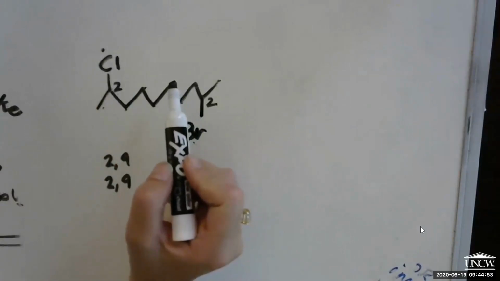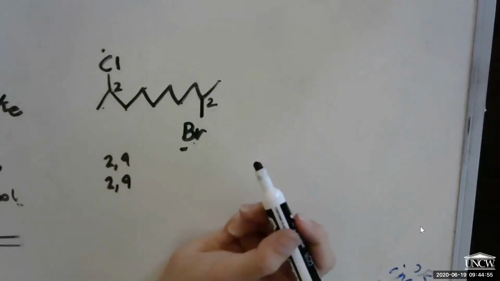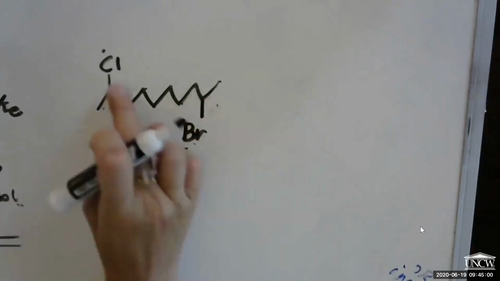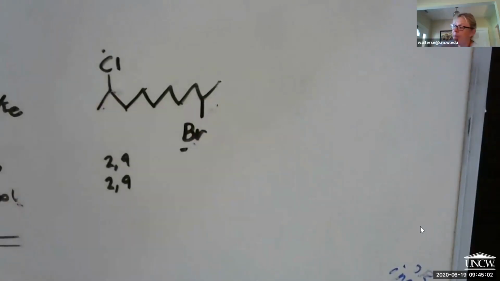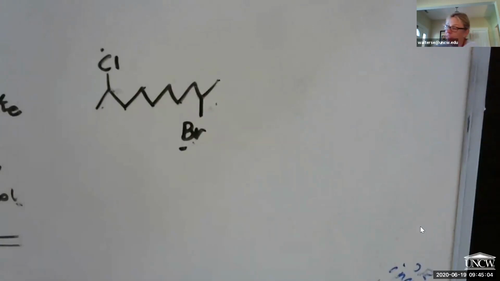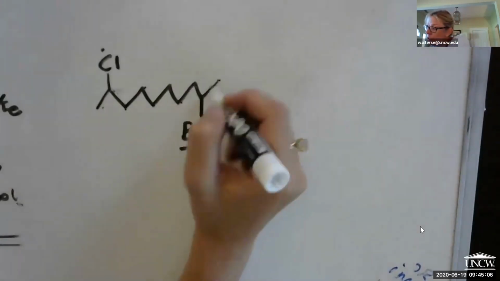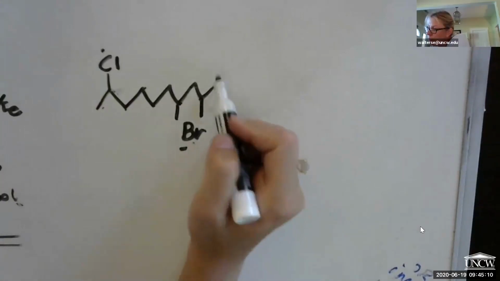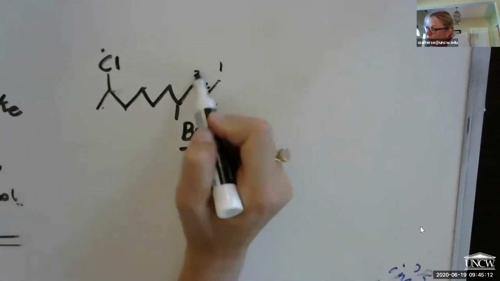And if there was another one, let's say on 4, then you would have a distinction point. Let's put a methyl. So 1, 2, 3, 4.